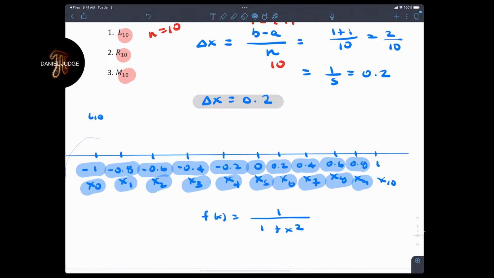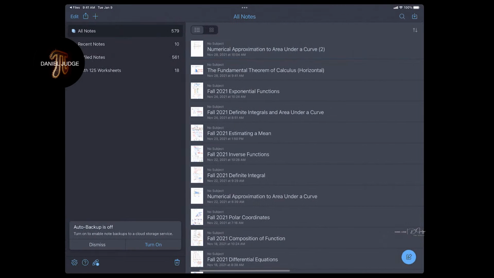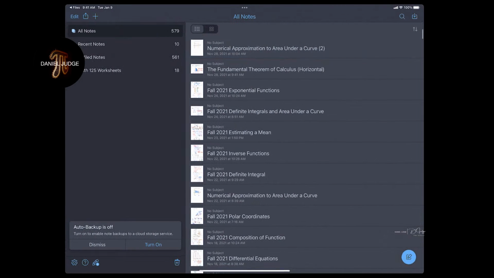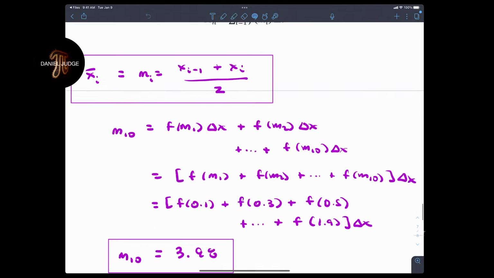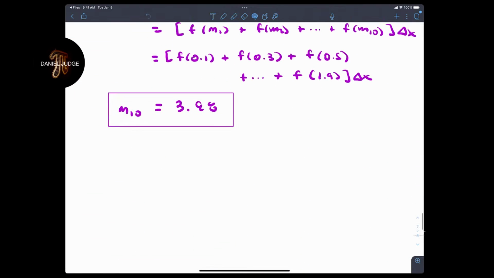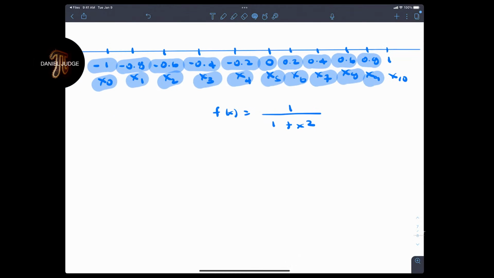Now what I'm going to try to do here is I'm going to get this scratch work here. I'm going to copy that. And I'm going to go to, hopefully we have, the notes from the other day. I'm going to use that portion here. Because for the left endpoint, L10, go back to the definition.